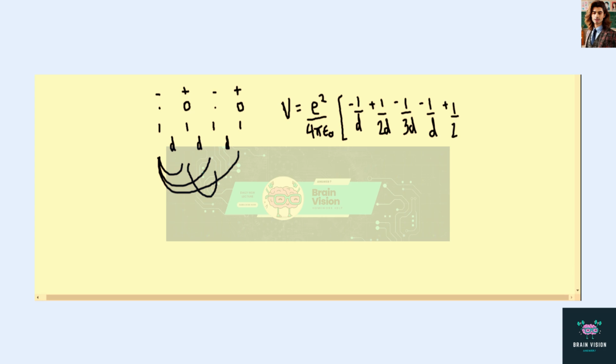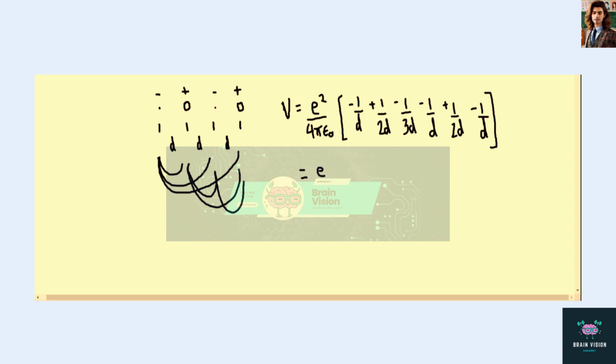Its second interaction is at a distance 2d, with the second positive ion. Now we draw an arc connecting the second electron with the second positive ion, an interaction of negative 1, a distance d away. And now we're done with all of the interactions, and we have all the terms we need.